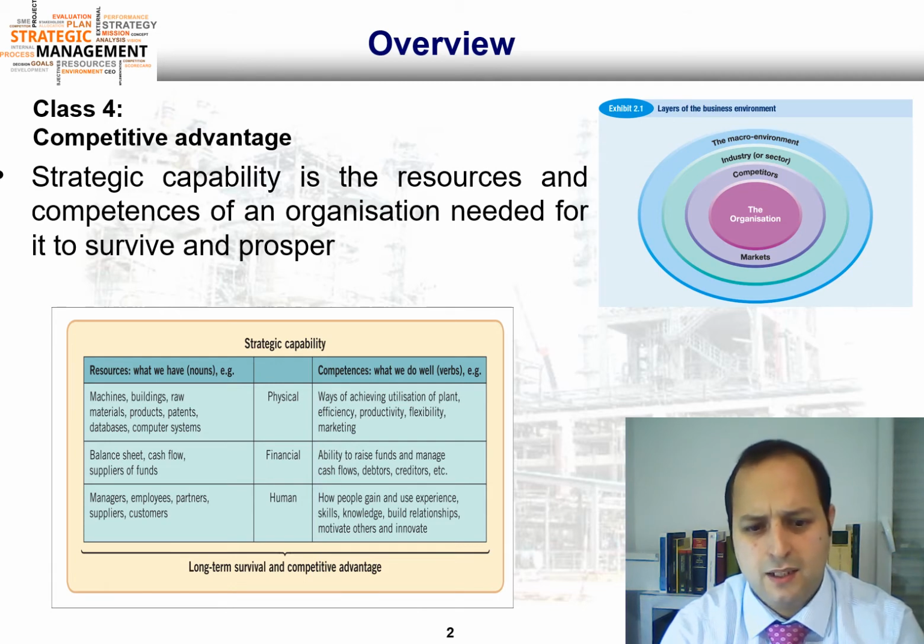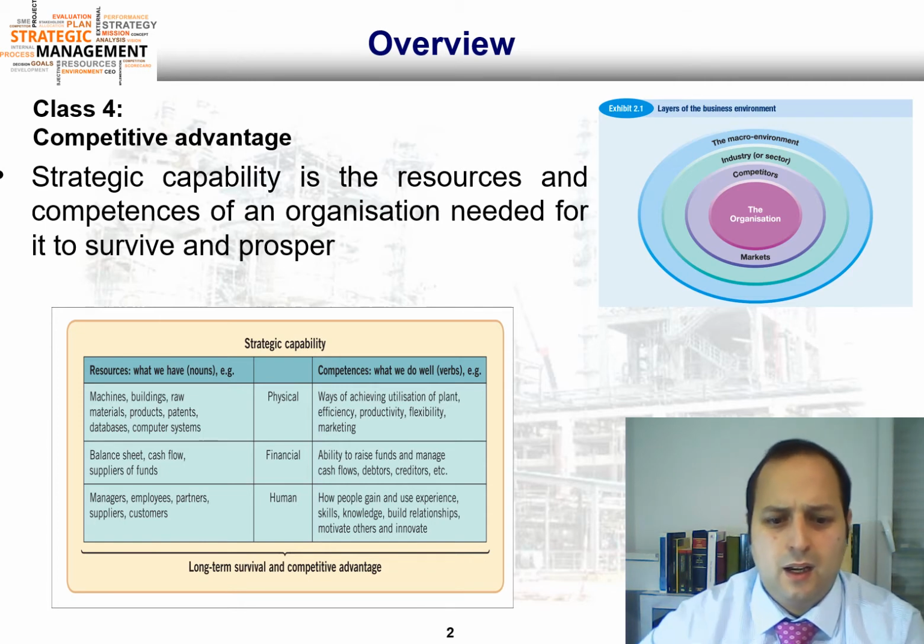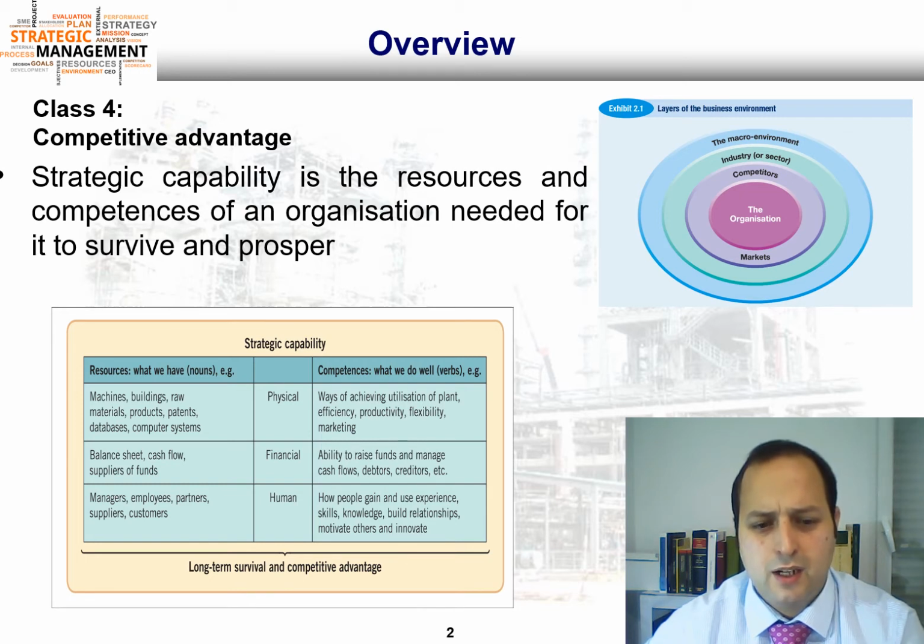And competences is more what we do well, for example, ways of achieving utilization of plants, efficiency, productivity, and so on. Therefore, it's necessary to understand what resources and what competencies the company has, and if those resources and competencies may become a competitive advantage.